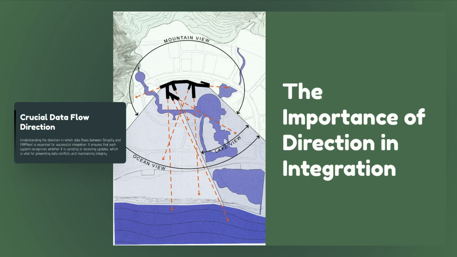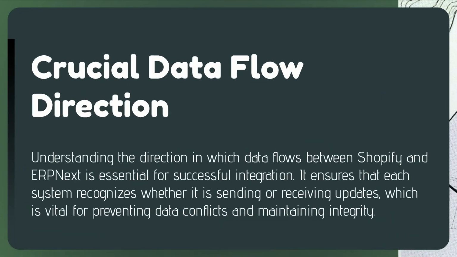And when you make a change in ERPNext, the design flow is supposed to tell the system that the data is moving from ERPNext to Shopify. If you do not have a mechanism of knowing the direction in which data is moving, then you are not going to save yourself from an infinite loop.